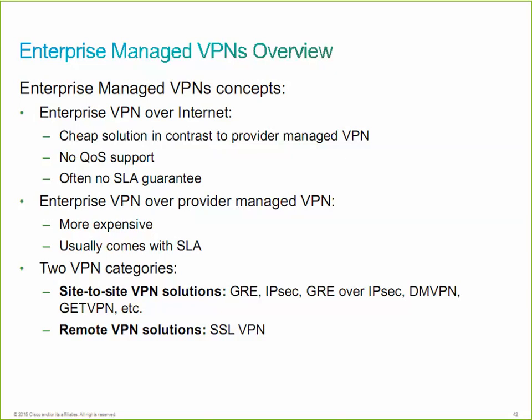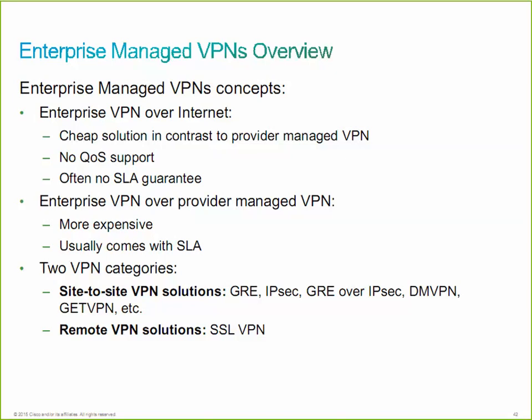All right? There are two main categories of VPN solutions that exist: site-to-site VPNs and remote access VPN solutions. We know what the goal generally is of a site-to-site VPN solution. It's to connect two networks together over some sort of insecure transport.